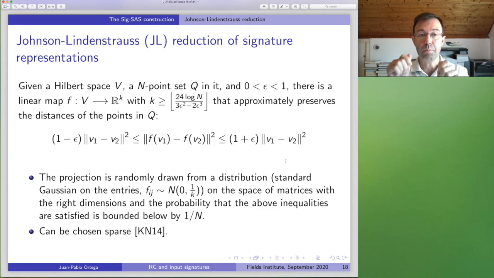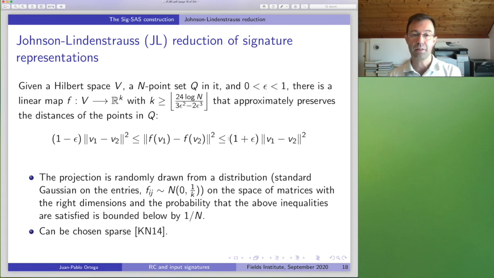and then you randomly project this space, the distances between these original points and the distance in the projected space between these Q points are going to be respected up to epsilon.